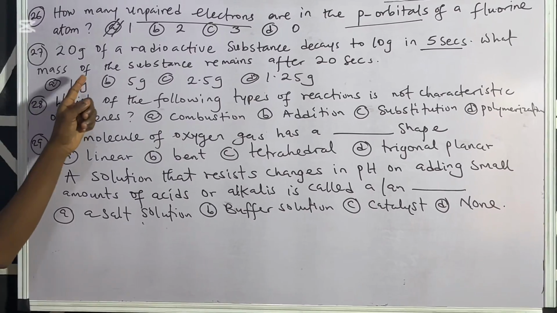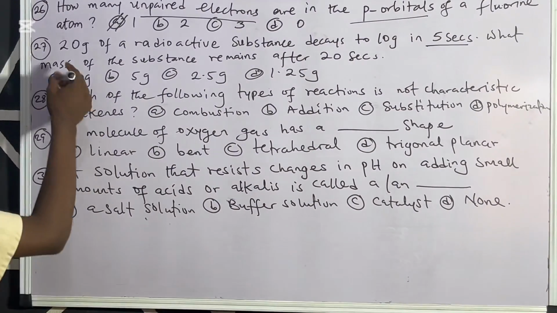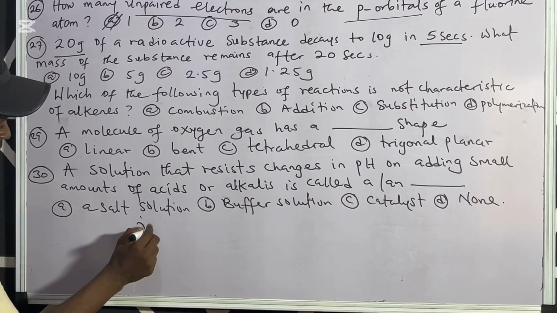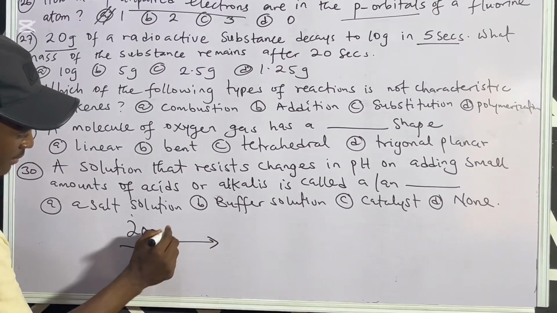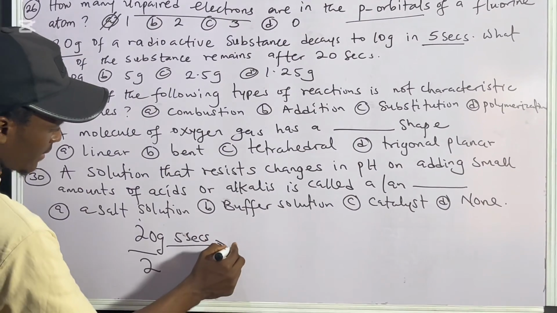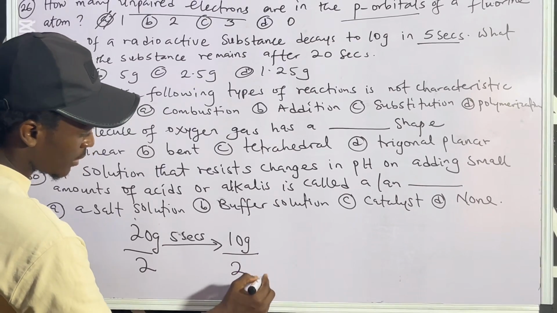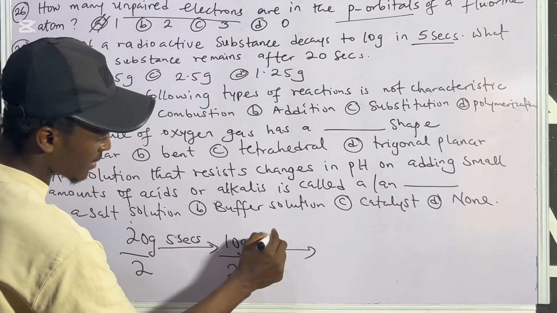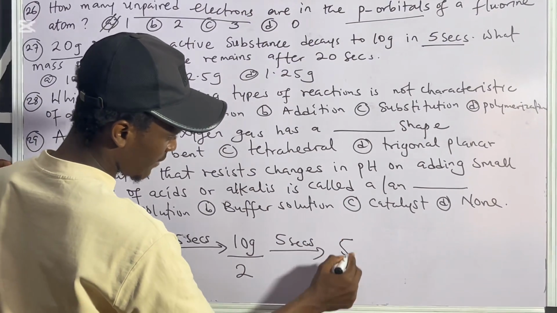So what mass of the substance remains after 20 seconds? Remember our code. We are starting with 20 grams. So 20 grams over 2 will take 5 seconds to decay into 10 grams. This same 10 grams over 2 will take another 5 seconds to decay to 5 grams.